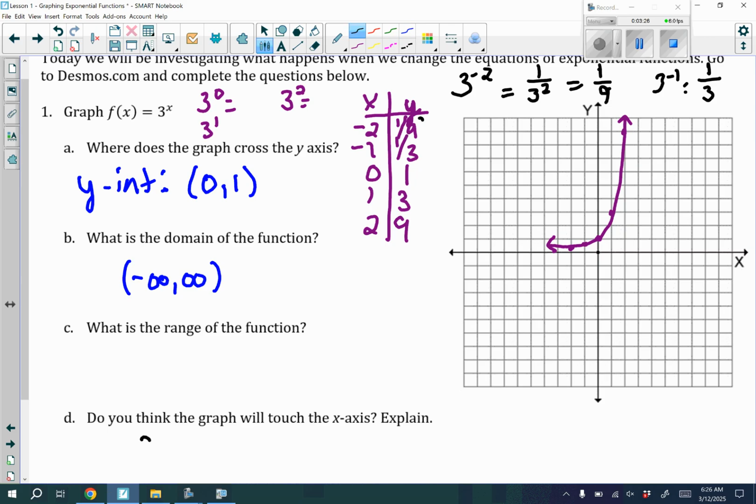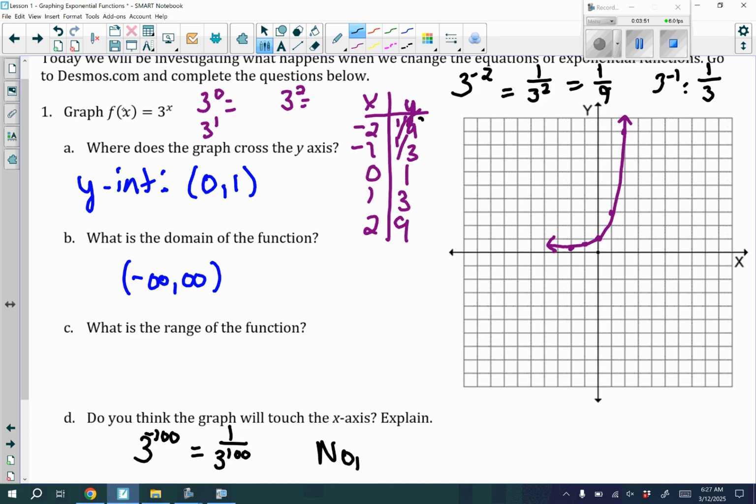But when we do this, like if I say 3 to the 100 power or -100 power, that is just going to give me a fraction. We're going to get very, very, very close to the x-axis, but we will never reach it. And the reason being is because if we plug anything into x, there will never be anything that will give us 0.